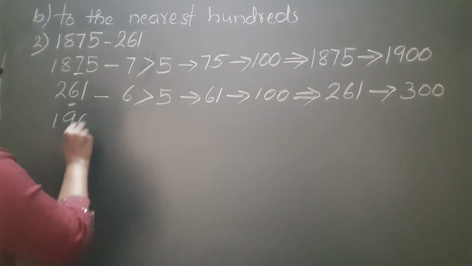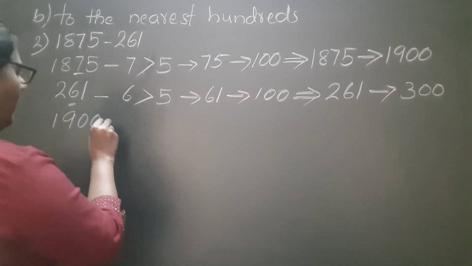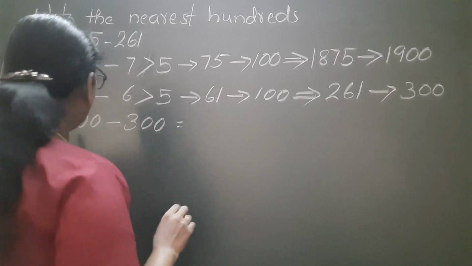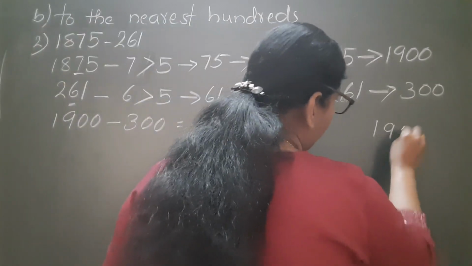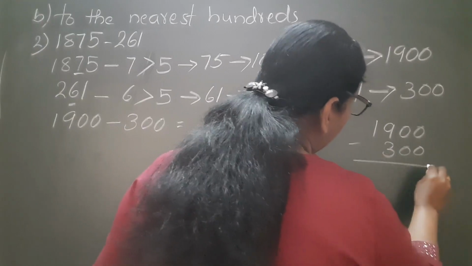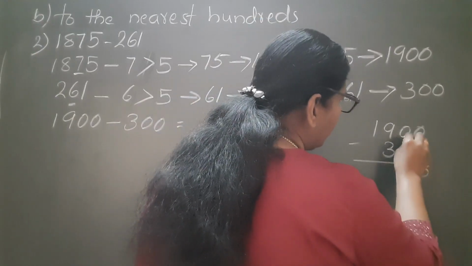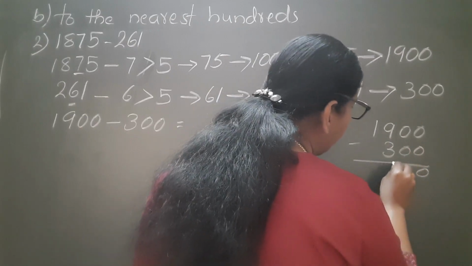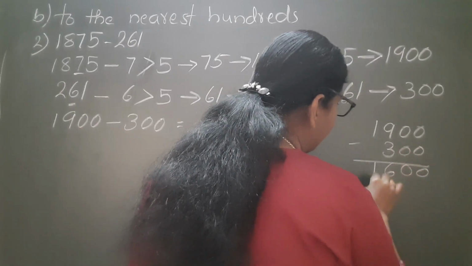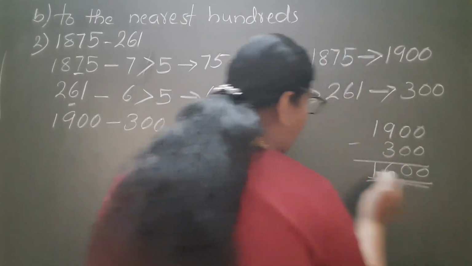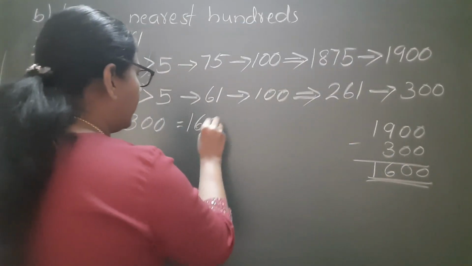Now 1900 minus 300 is equal to: 0 minus 0 is equal to 0, 0 minus 0 is equal to 0, 9 minus 3 is equal to 6. 1 as it is, since there is nothing to subtract. So the answer is 1600.